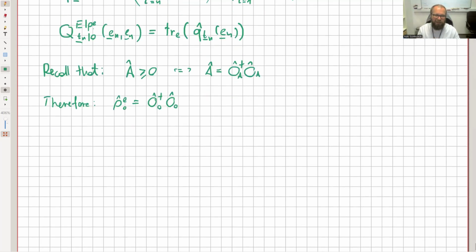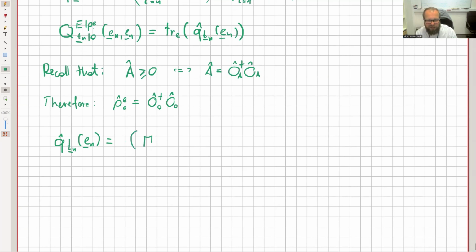Having that, we take our operator Q and we want to decompose Q in this square root form, modulus form, which is simple enough.